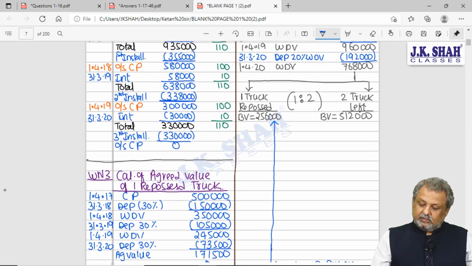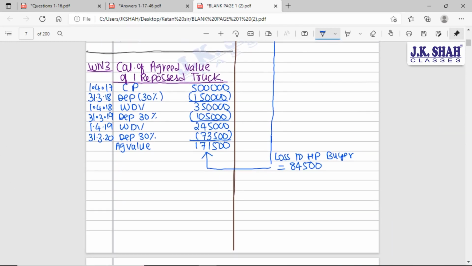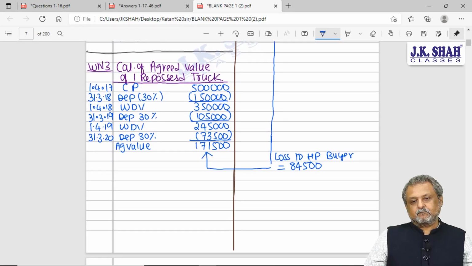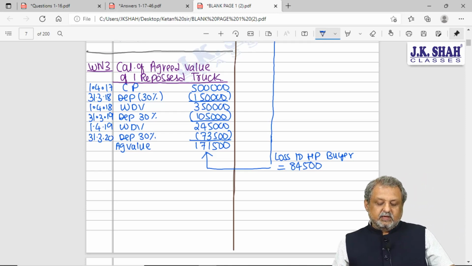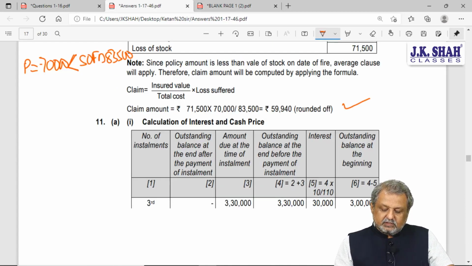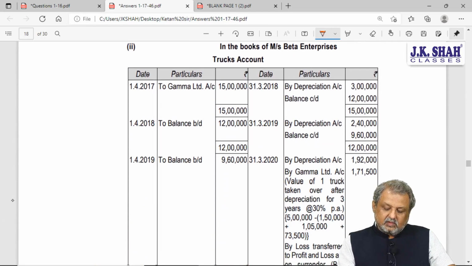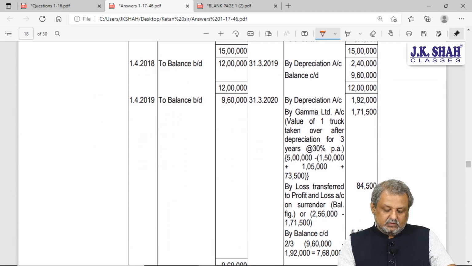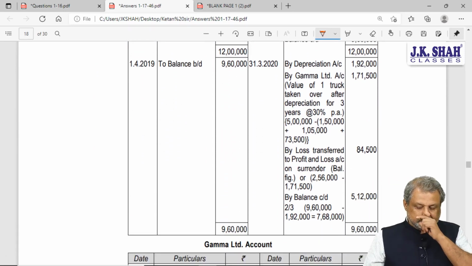Then 3rd working note. And once all these working notes are prepared, preparation of ledger account is just a formality. I am sure you can prepare all these ledger accounts. There is nothing I have to teach you there.